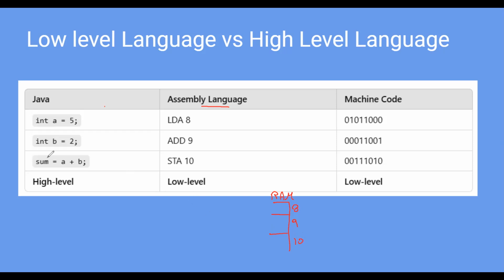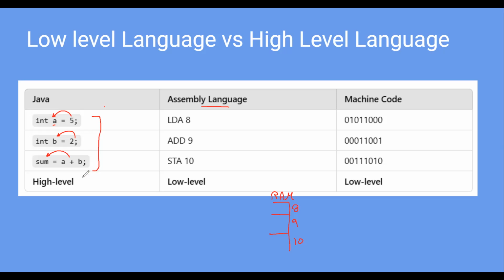So in these lines, we are storing 5 inside an A variable and 2 inside a B variable. On the third line, we are adding A to B and storing the result inside a variable called sum. So we are able to do that in 3 steps in Java.